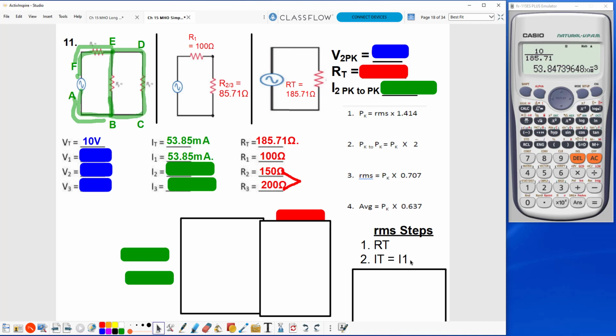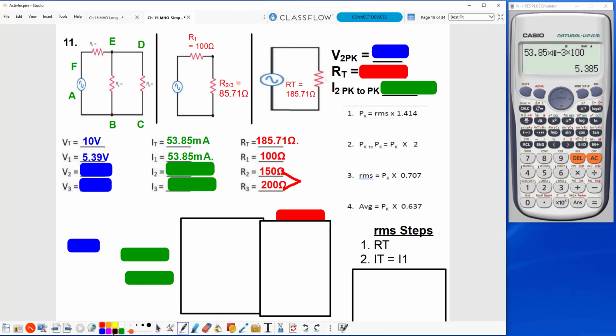IT and I1. Alright, now we've got 2 out of 3 for V1, so 53.85 milliamps times 100 ohms gives me 5.39 volts. Now if this was just a parallel circuit and R1 was not here, we know that voltage stays the same in parallel and we would have the full 10 volts across R2 and R3.